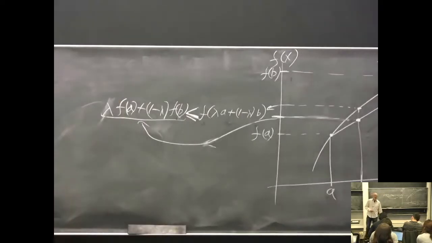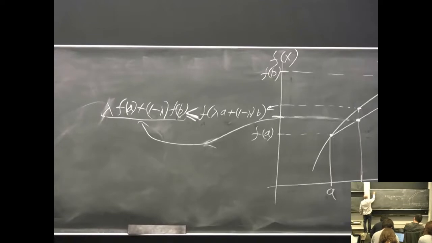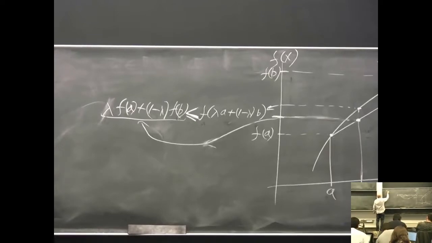It is not difficult to generalize it to not just 2 points, but 3 points, or 4 points, or any number of points. So if you have points a, b, c, d, e, you can think of a linear interpolation of the points, sigma lambda i.